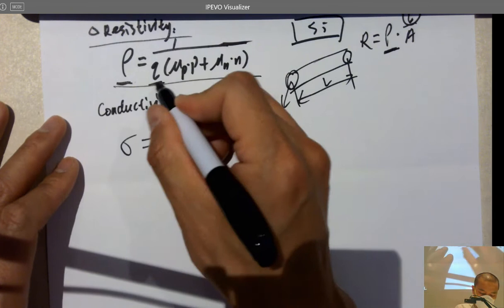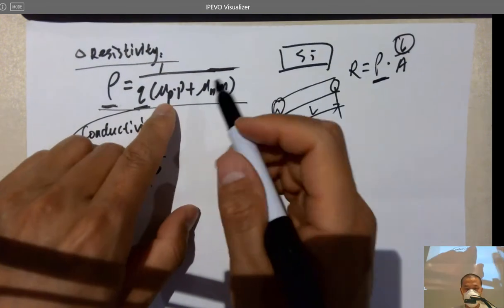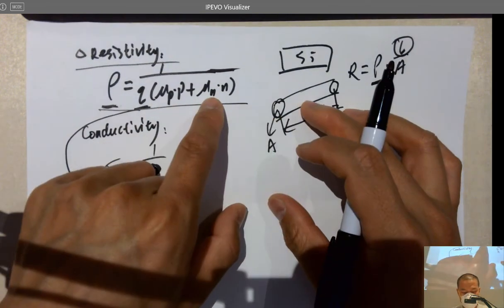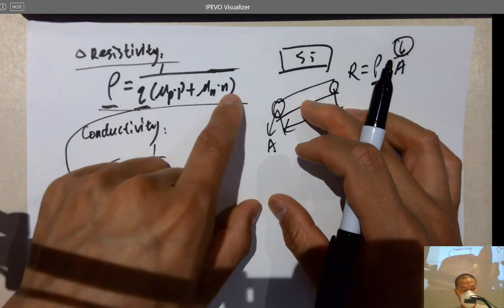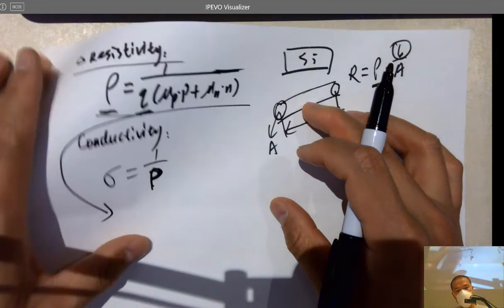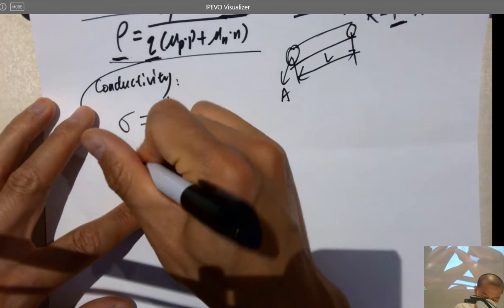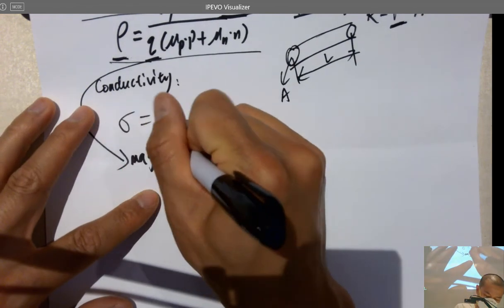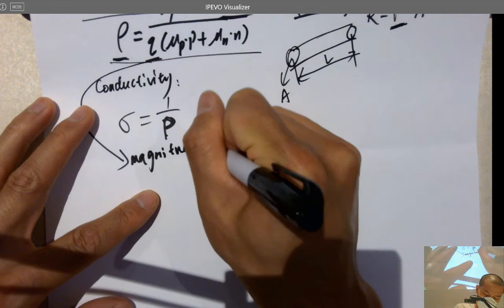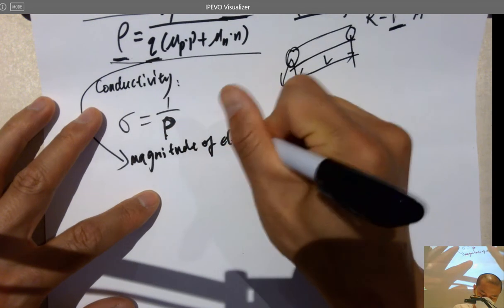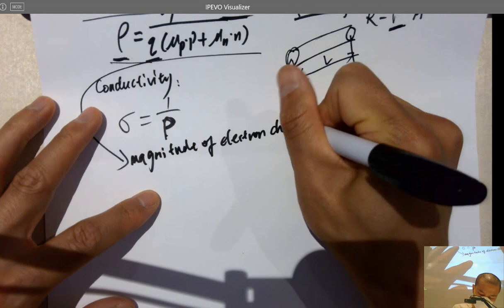So q here, which is introduced, relates to the mobility of the holes, mobility of the electrons, the concentration of the holes, concentration of the electrons, right? And q here is the magnitude of electron charge.